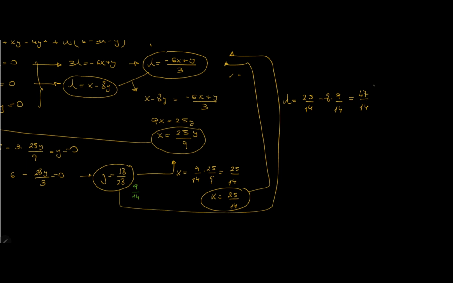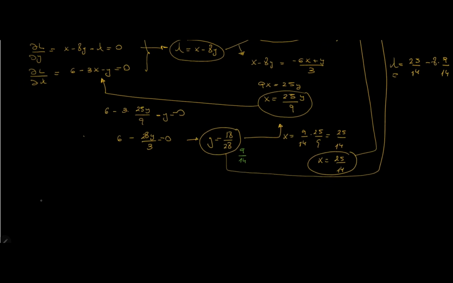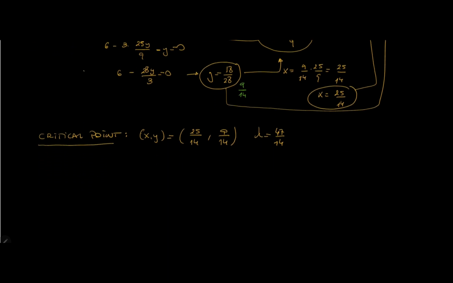So I have as a critical point one single critical point, that is x, y equal 25 over 14 and 9 over 14 with a lambda equal to 47 divided by 14. And now I have to check the second order condition for this critical point. I focus on this second order condition.